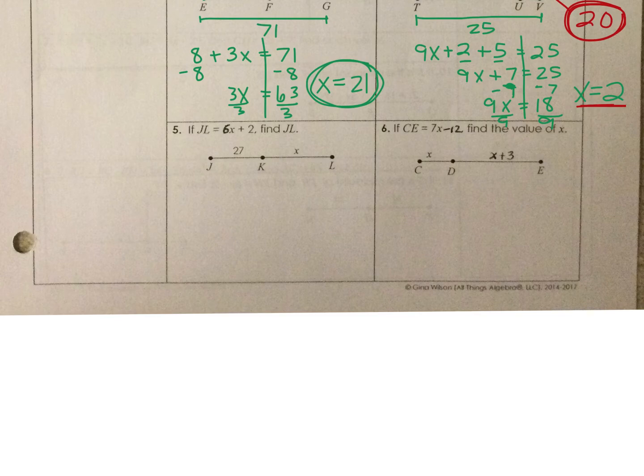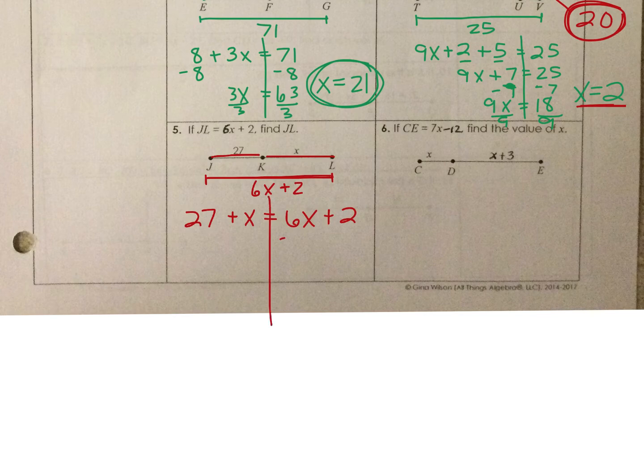It says JL, so the whole thing is 6x plus 2. Okay, so we got to figure out what x is. So my part, 27, plus my other part equals the whole thing, 6x plus 2.